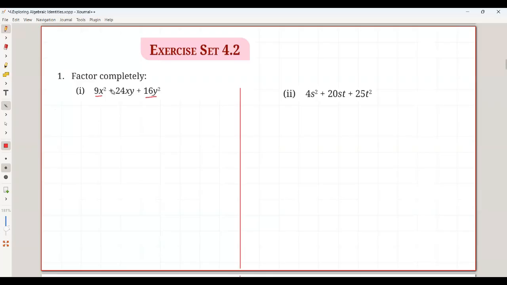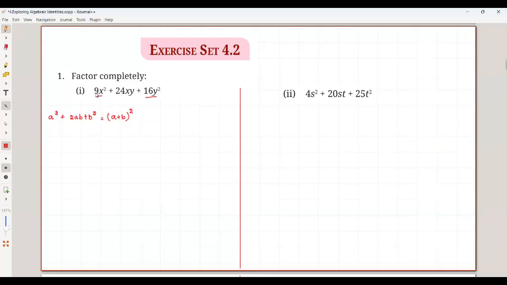Now here we have to write the formula in reverse order: a square plus 2ab plus b square is equal to a plus b the whole square. This is the expanded form without bracket. We have to write it as a factor form with bracket.